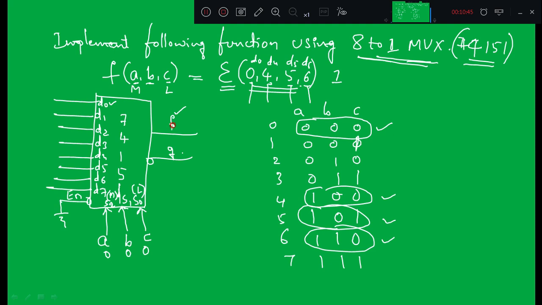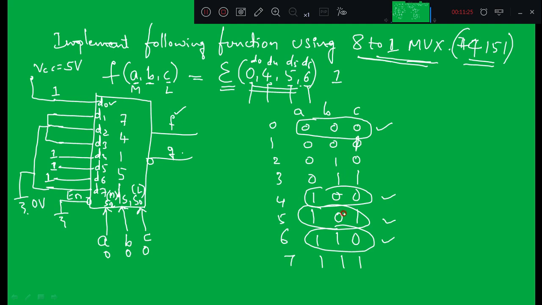Output will be 1 when D0, D4, D5 and D6 are connected to 1. 1 means you connect it to VCC, or analog voltage 5 volt. For the remaining data lines D1, D2, D3 and D7, these are all connected to ground, that means 0 volt.